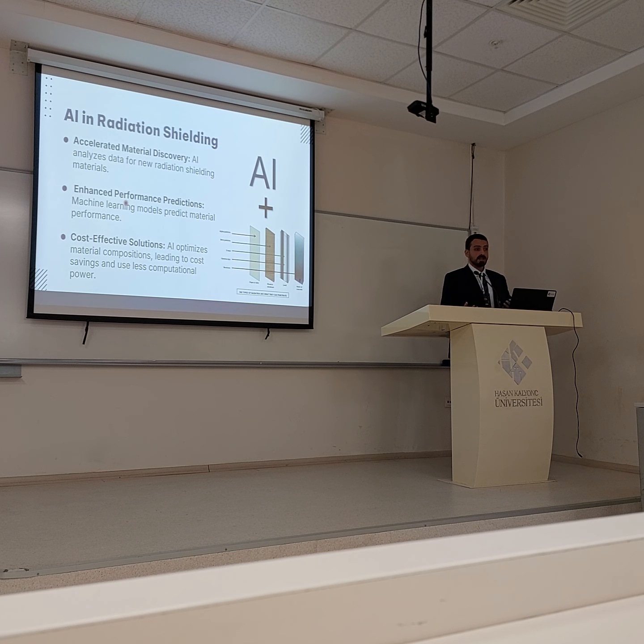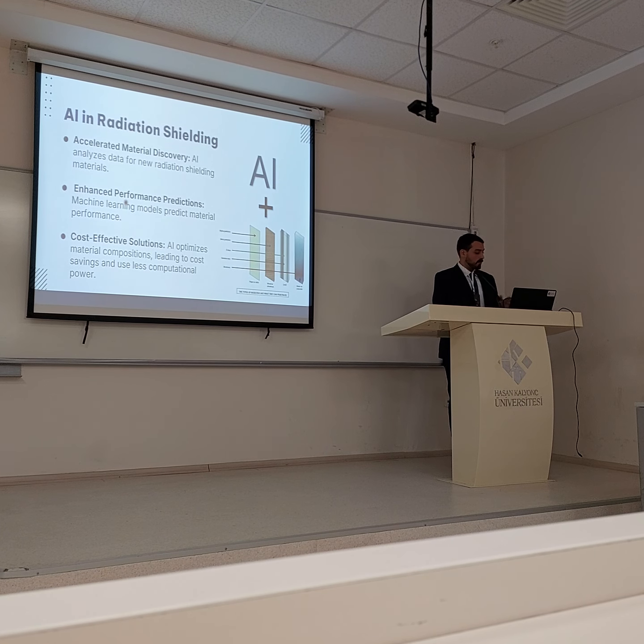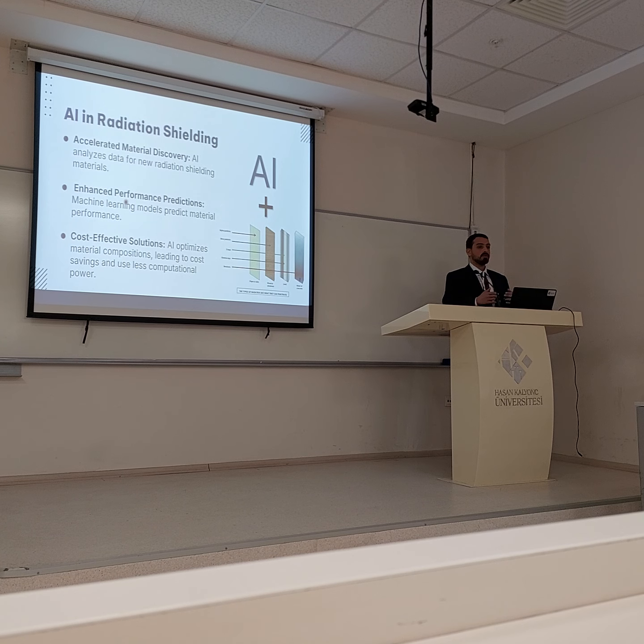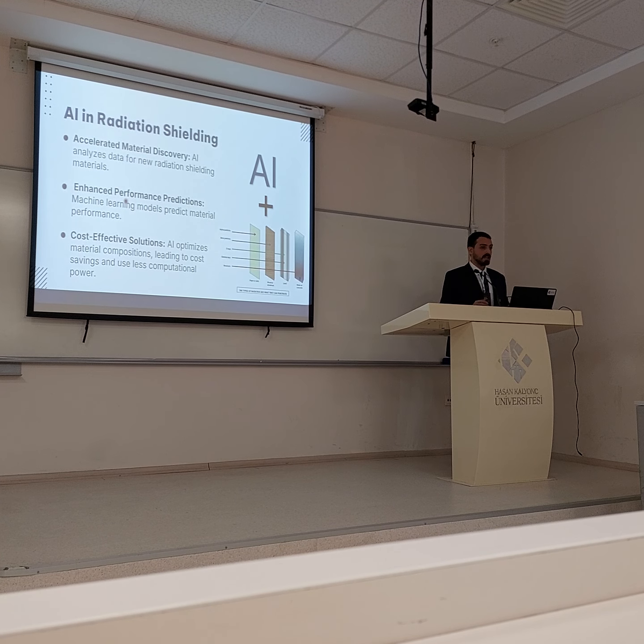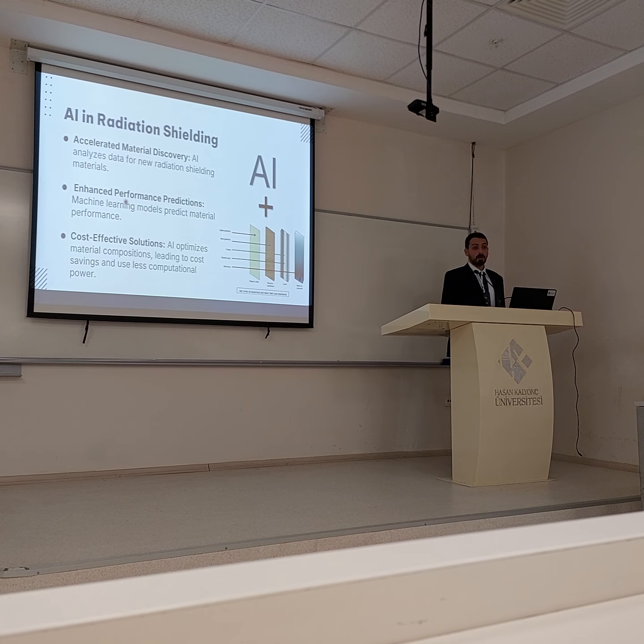So our topic is AI and radiation shielding. What's the use of AI in radiation shielding? First of all, it accelerates material discovery, because if you have already prepared a good model, you can prepare materials faster, and you can have new ideas or faster insights about the new materials. Second, enhanced prediction performance. In Monte Carlo, for example, if you try to make simulations for some materials, it takes time and needs good computers.